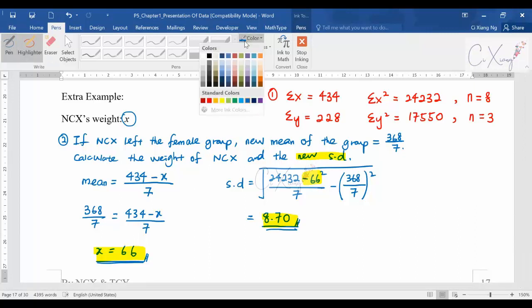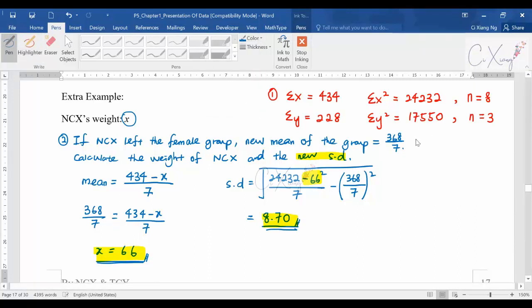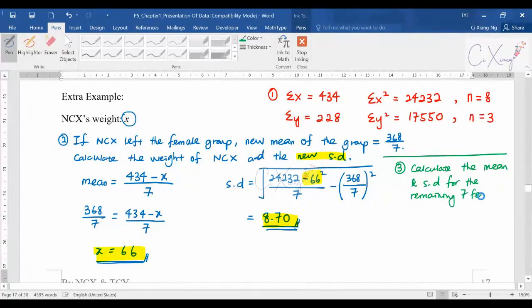Okay, all right. Okay, so next. How about if let's say I want you to calculate... okay, so maybe I keep another question here. Part 3. Calculate the mean and standard deviation for the remaining 7 female and 3 male.